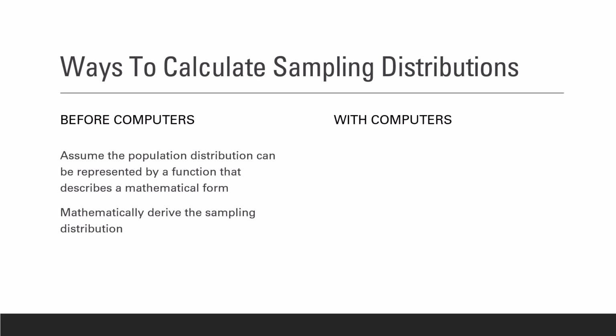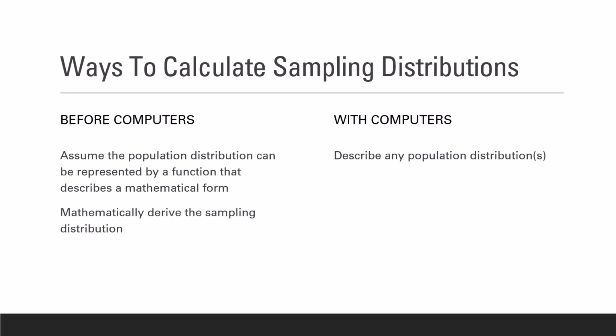With computers, we could take any population distribution and describe it. We don't have to assume a certain mathematical form. We can say, what if we have a population distribution that is leptokurtic in a certain way or platykurtic?